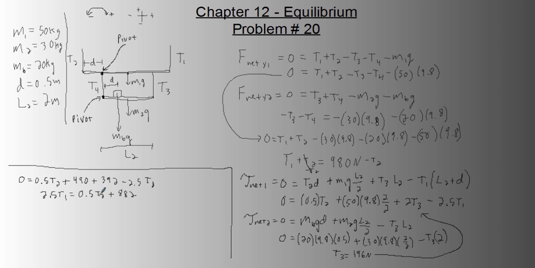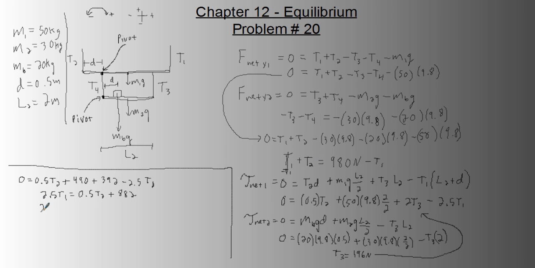980 minus T1. Wait, what? No. Solve this for T2. Let's undo that. Whoa, too big. I'm going to pause this one a sec. Alright, subtract T1 from both sides. So we want to solve for T1, so it wouldn't be smart to get rid of it. So those cancel. So T2 equals 980 minus T1. We're going to stick that in here.